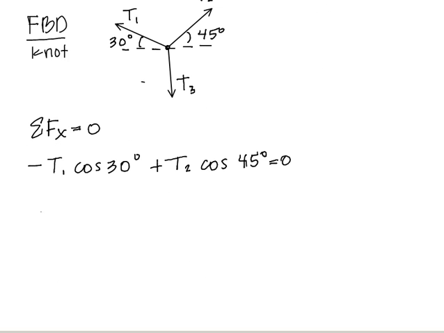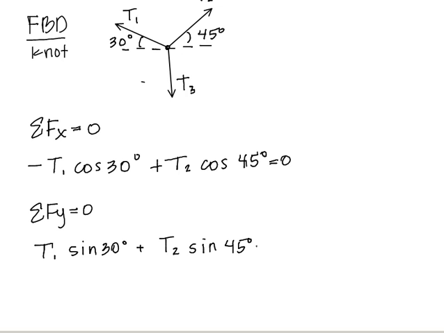In the y direction, they're also balanced. So T1 sine 30 plus T2 sine 45 minus our 60 newton T3 force is equal to 0.